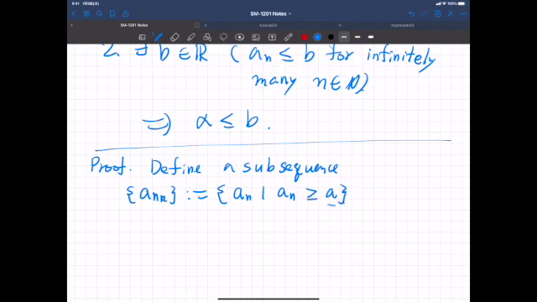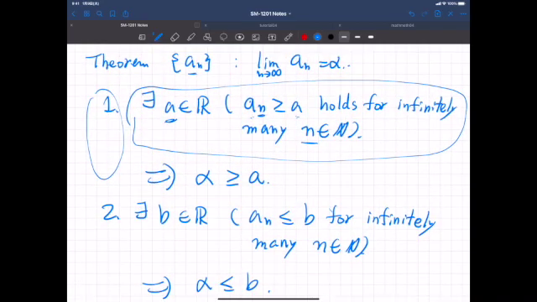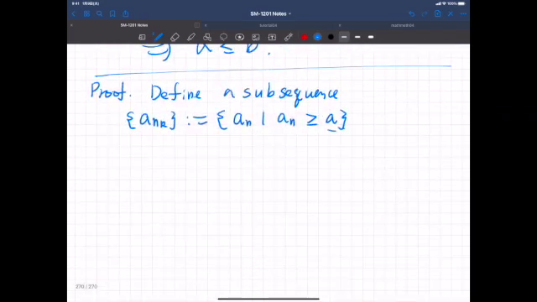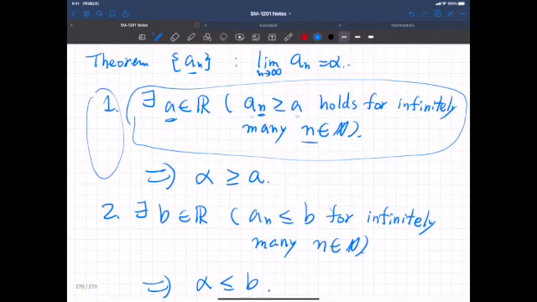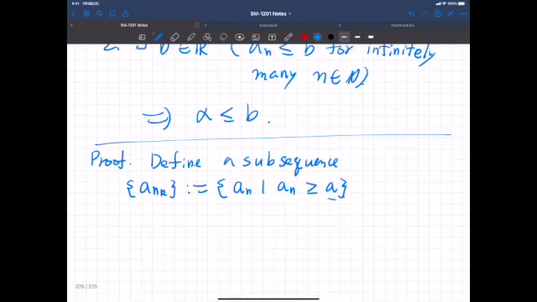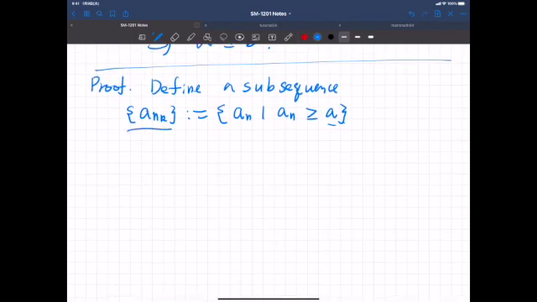So this a is the given a here. By this condition, this holds for infinitely many n. So this means this subsequence consists of infinitely many elements.